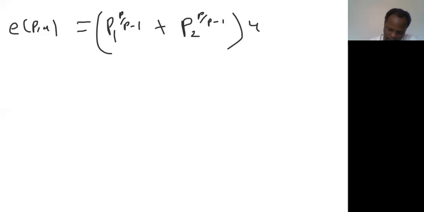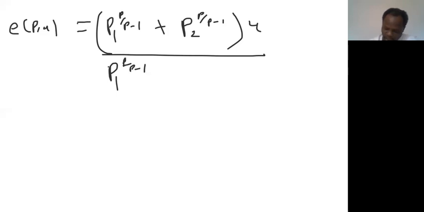The expenditure function E of P and U is equal to P1 phi over phi minus 1, plus P2 phi over phi minus 1, and then U all over P1 phi over phi minus 1 plus P2 phi over phi minus 1, then exponent 1 over phi. I mistakenly wrote it as phi minus 1 over phi, but it's supposed to be phi over phi minus 1.